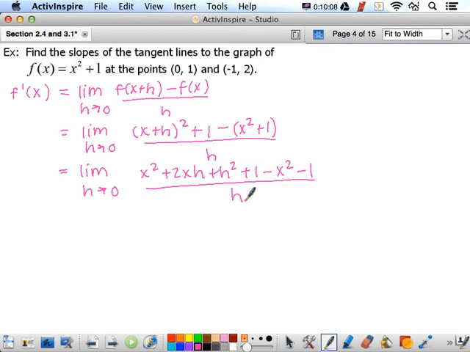Anything without an h should cancel to 0 if you have done things correctly. So these go to 0 and these go to 0. And I'm left with the limit as h approaches 0 of 2xh plus h squared all over h. Now we can factor an h out and simplify this function.